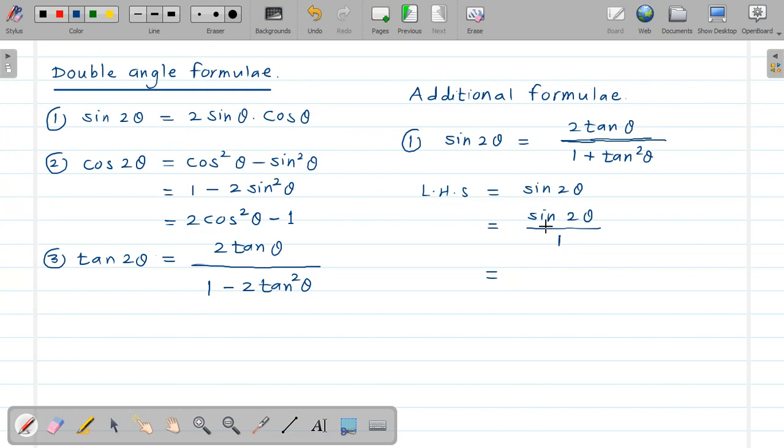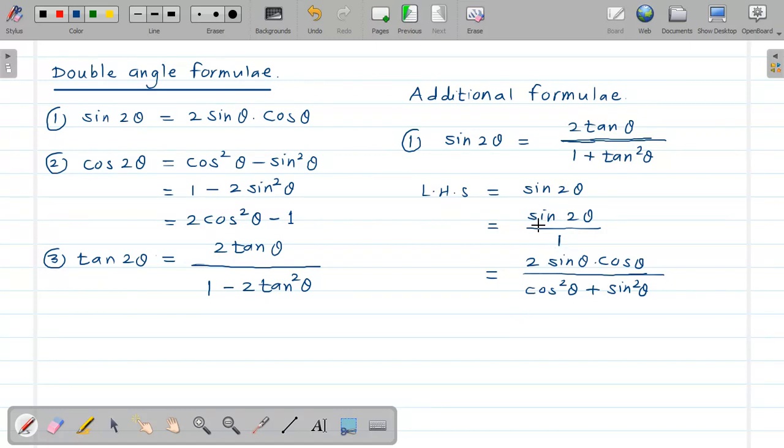Now the basic formula for sine 2 theta is 2 sine theta into cos theta, and for the denominator, 1 can be expressed as cos square theta plus sin square theta by fundamental identity. Here you write cos square theta first. Generally we prefer cos square theta first, so that's why it is written as cos square theta plus sin square theta.